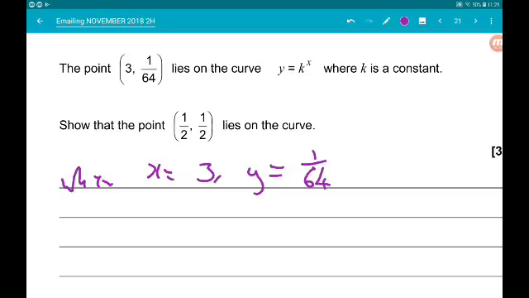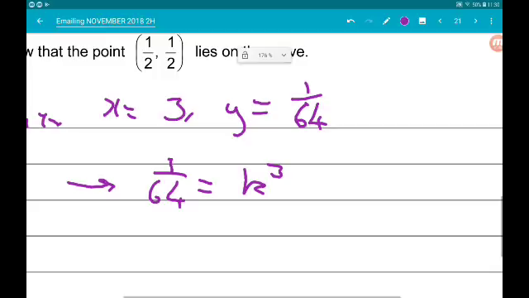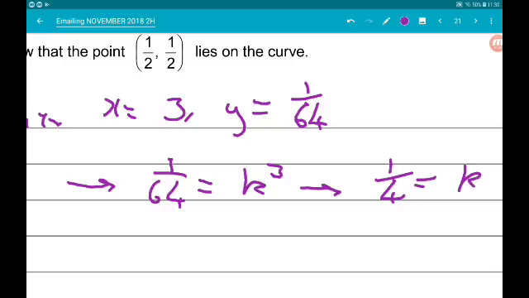So if we substitute those values in, we get 1 over 64 is equal to k to the power of 3. Now if we cube root, that gives us 1 over 4 is equal to k. So k is equal to a quarter.